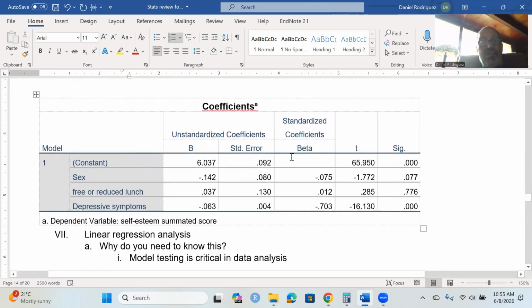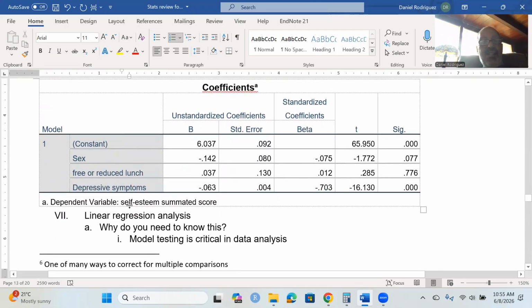This is an example of some kind of multiple regression where our dependent variable, our outcome variable, is self-esteem. And these are the different predictors: sex, free or reduced lunch, depressive symptoms. And we can see the effects. There's a strong relation between a correlation and a regression coefficient, right? So these are regression coefficients. These indicate what effect a change in the predictor variable has on the outcome.